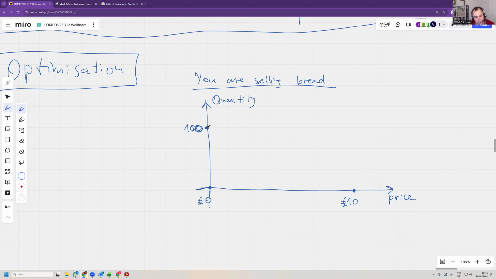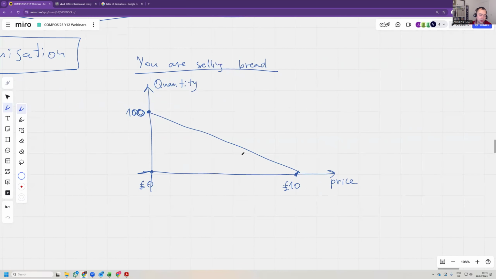And as you increase the price, you will sell less. So you can write down a function. You can say that the quantity of bread sold is a linear function. So 100 minus 10 times the price.